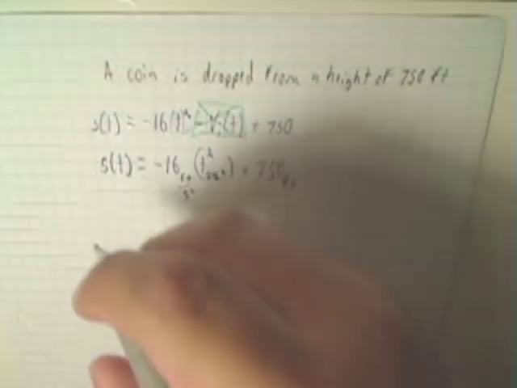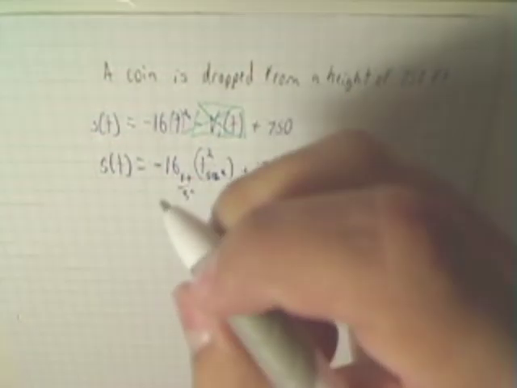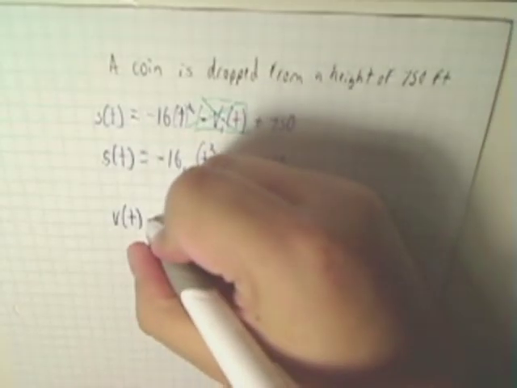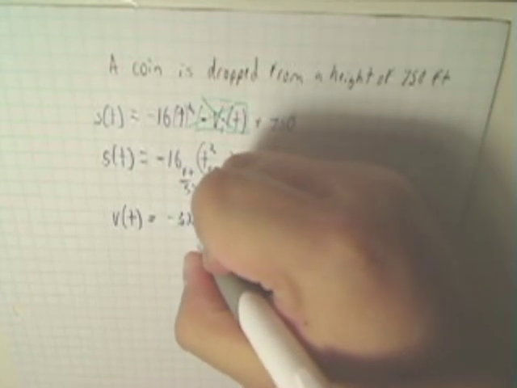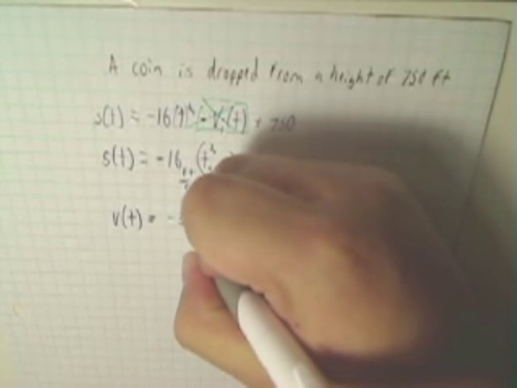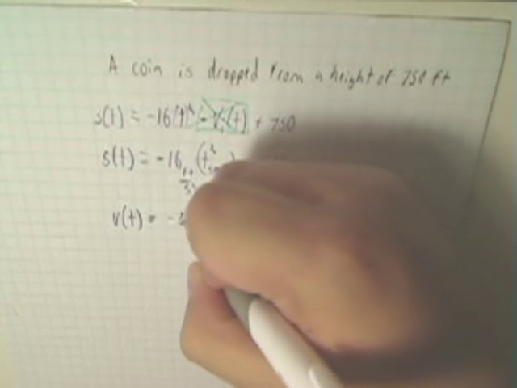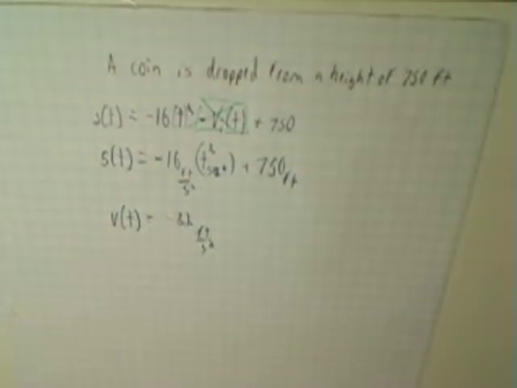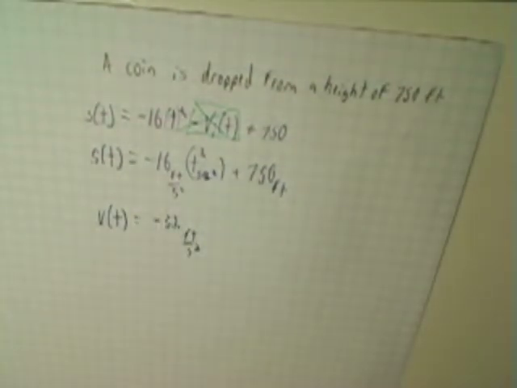We also probably want to get our velocity function. So, v of t is equal to negative 32 feet per second squared. It remains the same units, regardless of the derivative.